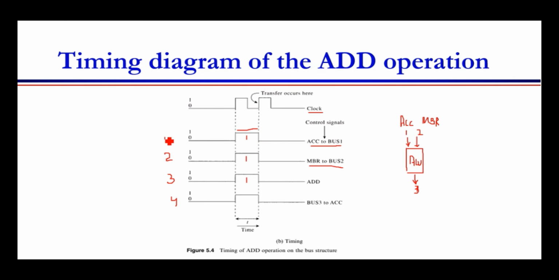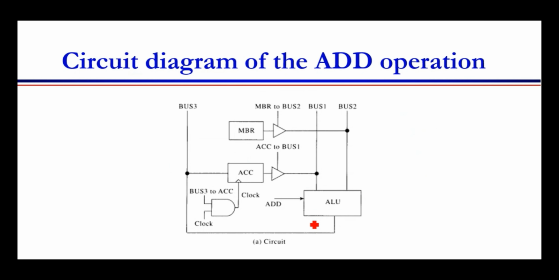So we have four control signals. First is accumulator to bus 1, the second is MBR to bus 2, the third is add, and the fourth control signal is bus 3 to accumulator. All of these control signals will be generated from the control unit. So that is the circuit diagram of the add operation.